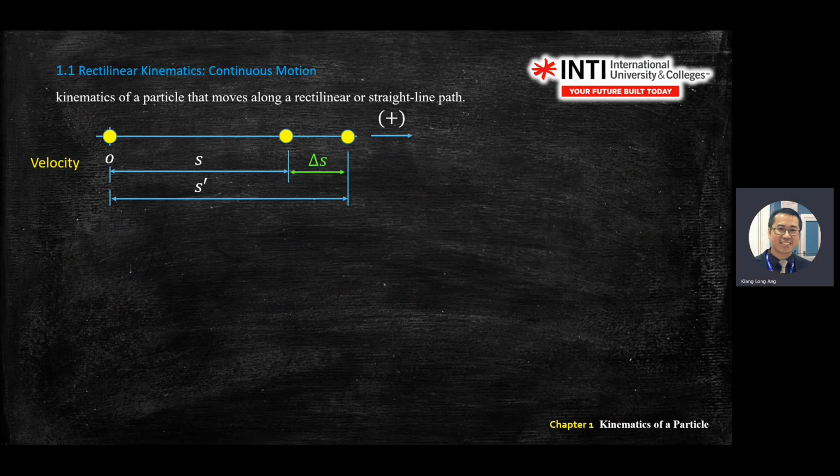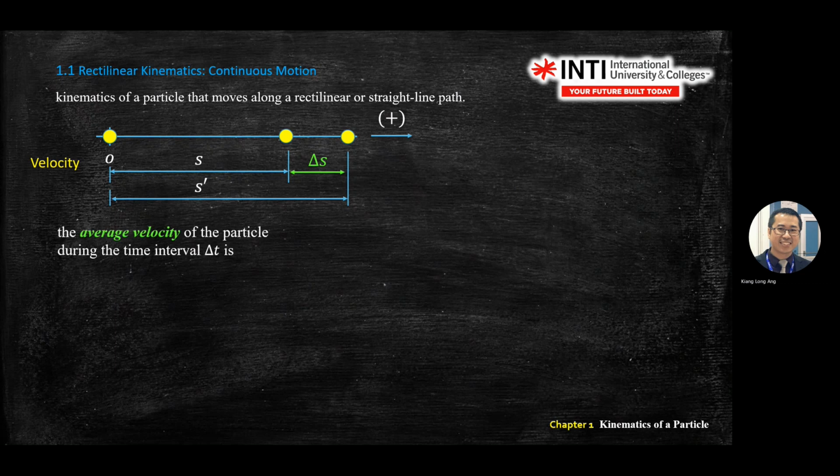Okay. So if you go up positive, then you make a note in your diagram, positive, where is the direction? We will deal with two definitions of velocity. First is called average velocity, happening during the delta t interval.